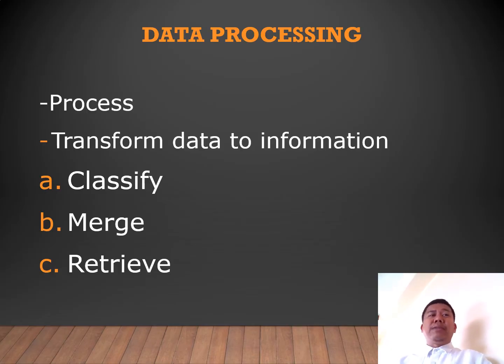We can get back to it by opening those saved documents or saved PDF, saved sheets. That's what we do actually when we retrieve. We open what we have done before, what we saved before, then we retrieve it by opening it back, and that's actually part of data processing.